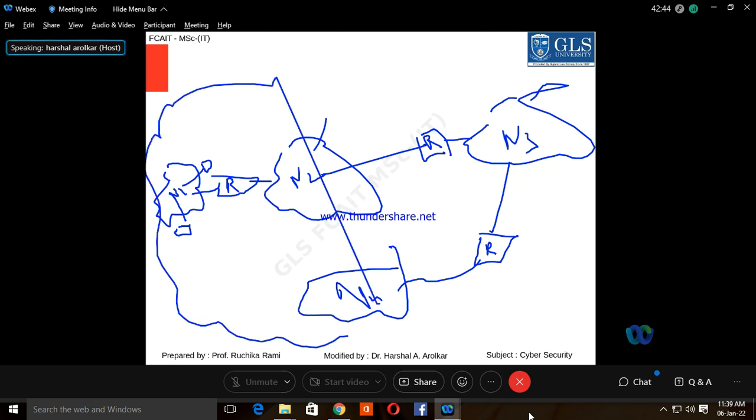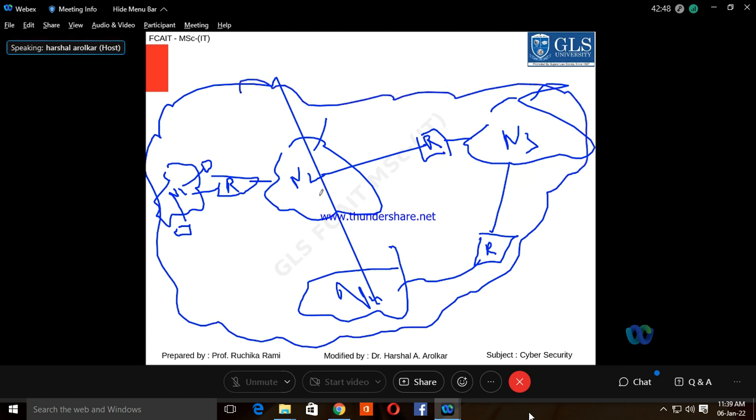This entire phenomenon, I'm saying, is what we call a cyber world, a world which is driven by network, driven by digital contents, driven by networks, and today in context, network of networks.